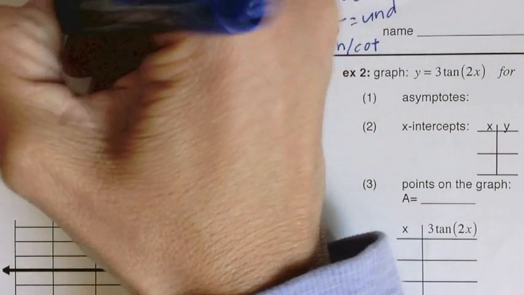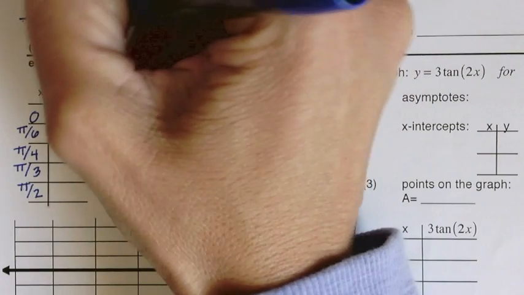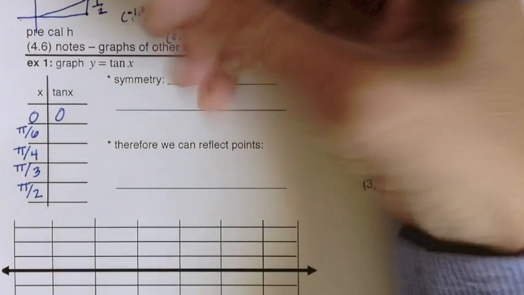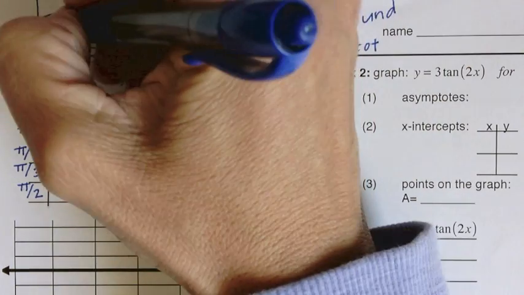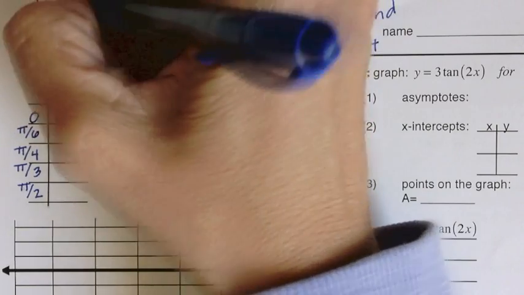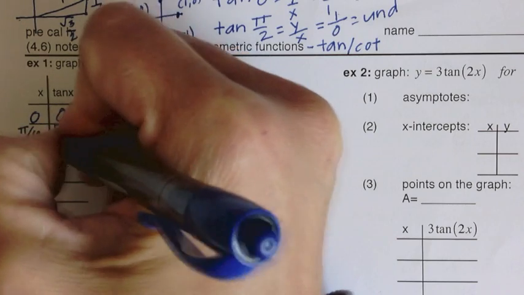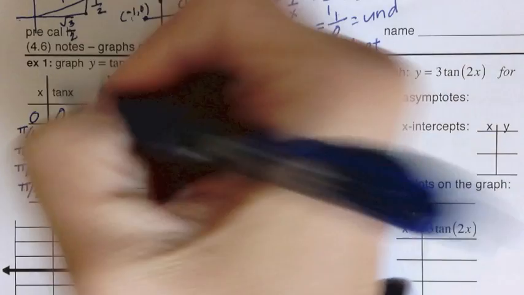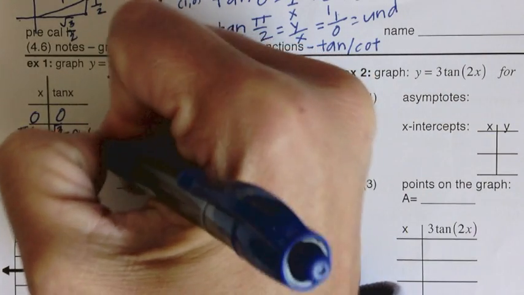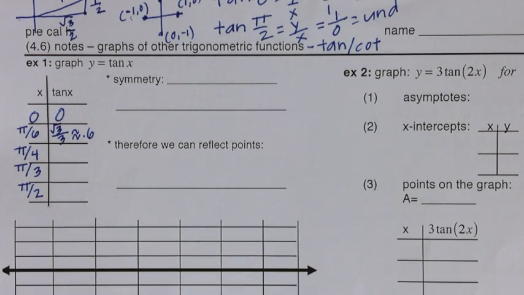Just a little refresher. Here's pi over 6. It's a 30-degree reference angle, so opposite 30 is 1/2, root 3 over 2, 1. Y over x would be 1/2 over root 3 over 2. Copy dot flip, rationalize, that's root 3 over 3. And if I were to punch that into my calculator, that would be about 0.6.